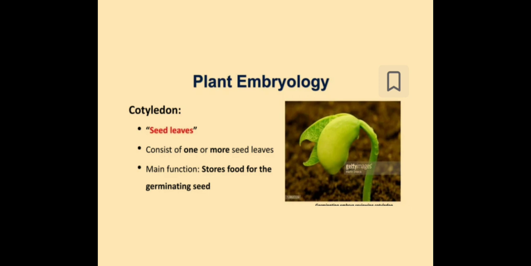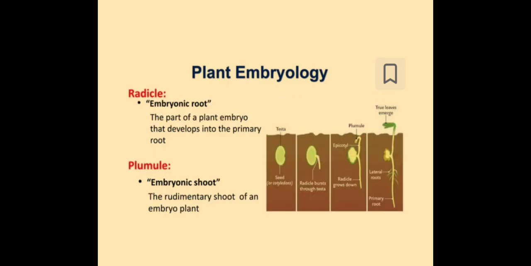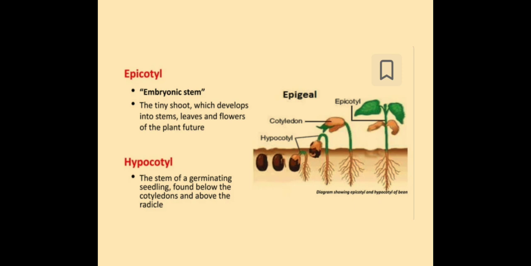Main function: storage of food for the germinating seed. Radicle is the embryonic root and plumule is the embryonic shoot. Epicotyl is the embryonic stem and hypocotyl is the stem of the germinating seedling found below the cotyledon and above the radicle.